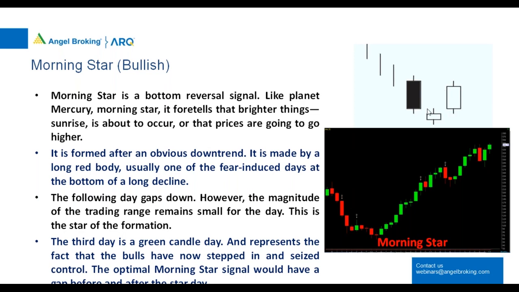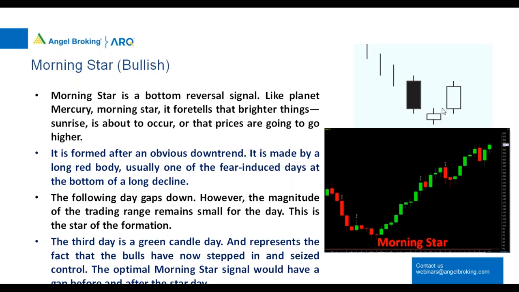But there could be variations, where the body of the second candle could be slightly close to the body of the first candle, and slightly into the body of the third candle. But the main criterion is that the body of the second candle should not be inside the body of the first candle. So this is what a morning star is.